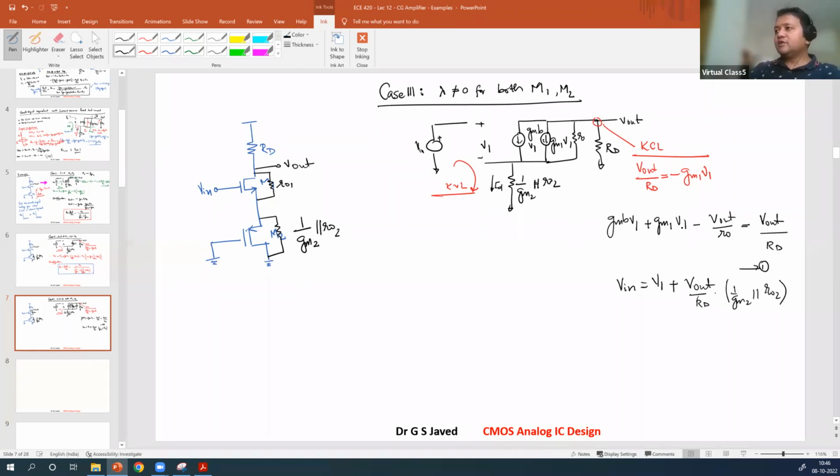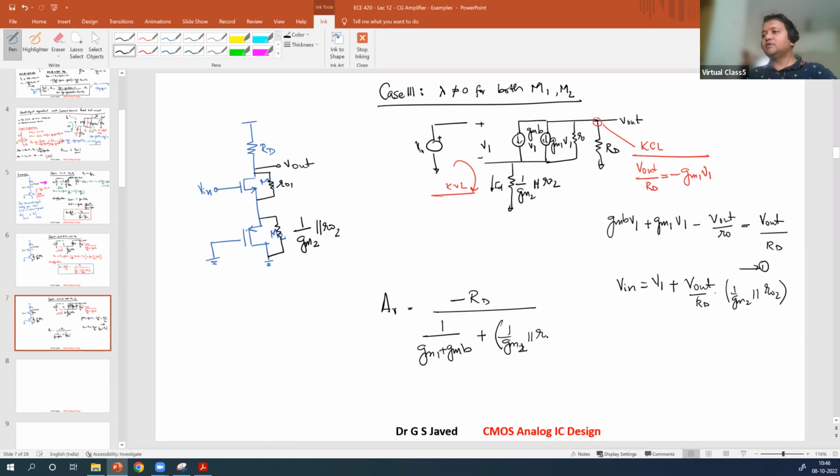And on simplification, what do you get? Av is equal to minus RD divided by, in place of gm, you will have 1 plus gm1 plus gmb, plus 1 over gm2 in parallel with RO2.